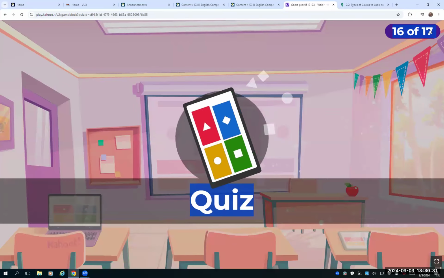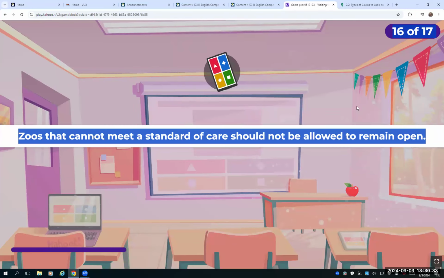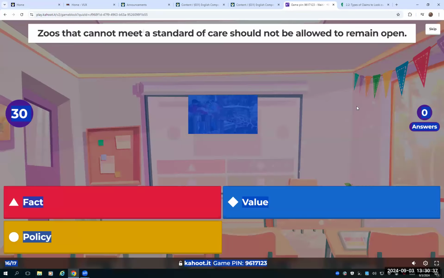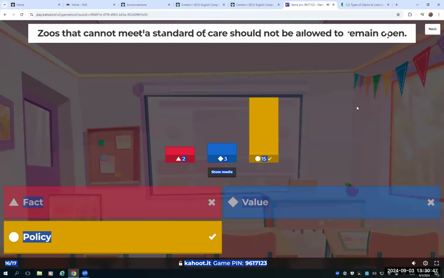All right. 16. Zoos that cannot meet a standard of care should not be allowed to remain open. Yep, policy. We've got that should in there, and an action.